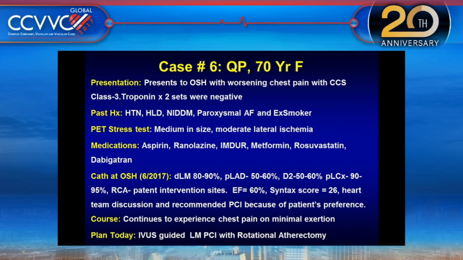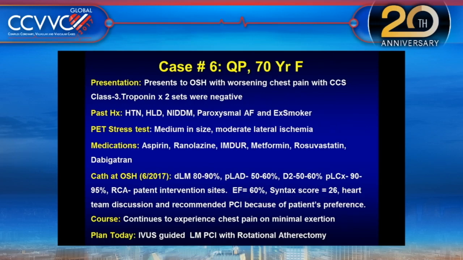Give us case number 6. Yeah, this is QP, a 70-year-old female, who presented last week to the outside hospital with unstable angina. Troponin was negative. Risk factor-wise, she has atrial fibrillation and diabetes, and most of the ischemia was on the lateral wall. She was on good medical therapy.